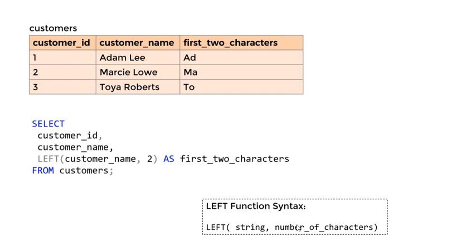From those strings, if you want any characters, you can get them by using the LEFT function. The syntax of the LEFT function is LEFT parenthesis, and inside the parenthesis the string, which is the column name, comma, and the number of characters you want to extract, right? This is the syntax. As first two characters, here we used 2.